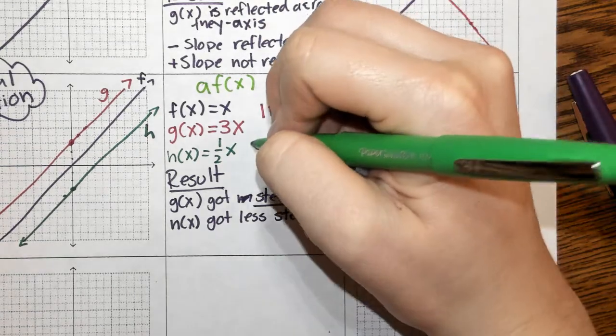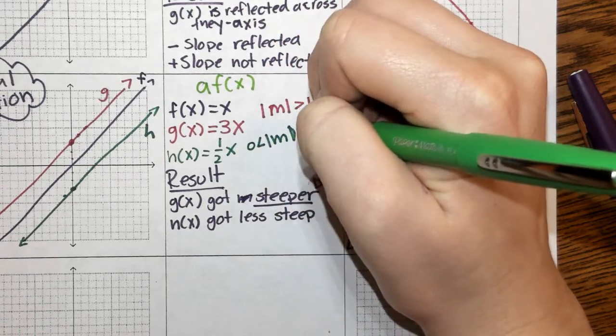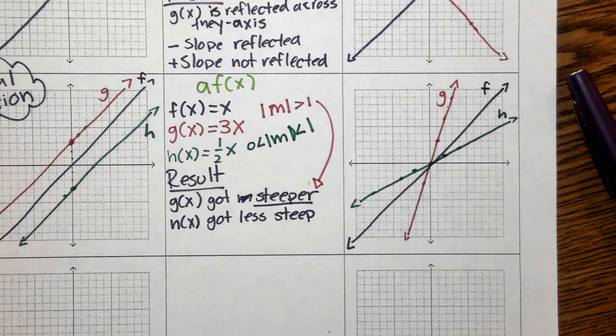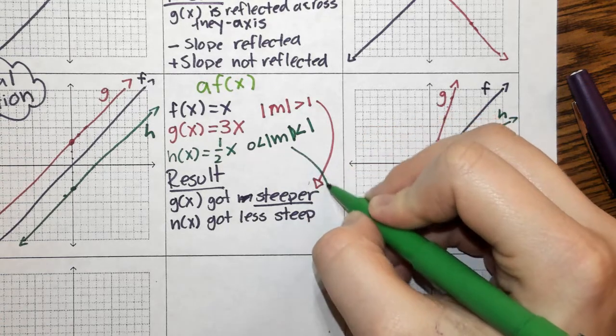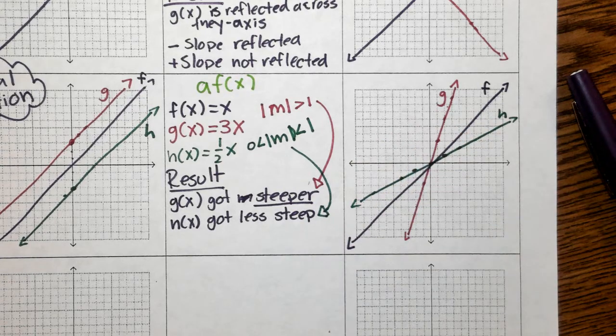Or if the absolute value of the slope is in between 0 and 1, all that means is that it is a fraction, positive or negative. If it's a fraction, it's going to become less steep. That's how you can tell the difference. That makes sense. Okay, good.